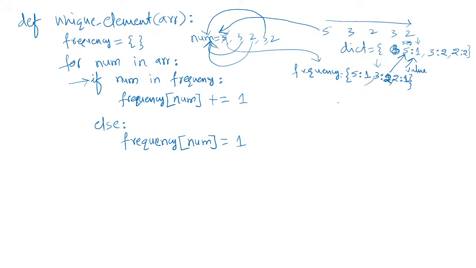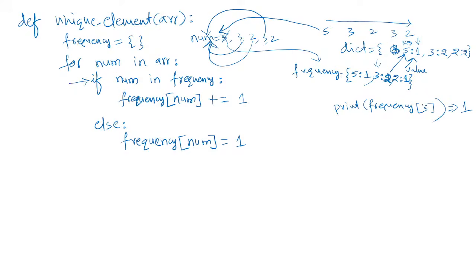In a dictionary, if you access with the key, it gives its value as a result. For example, if I print frequency of 5, it returns its associated value. What is the value with 5? 1 it prints.